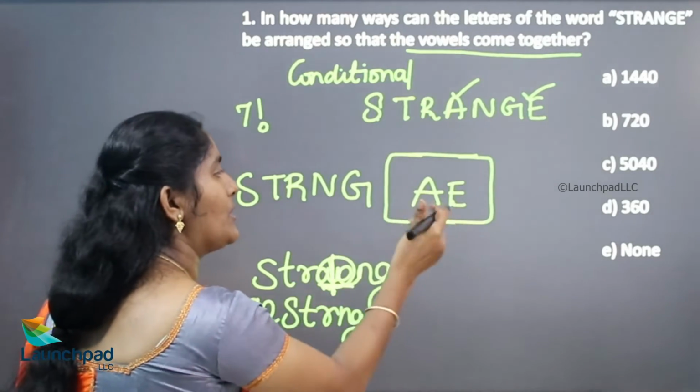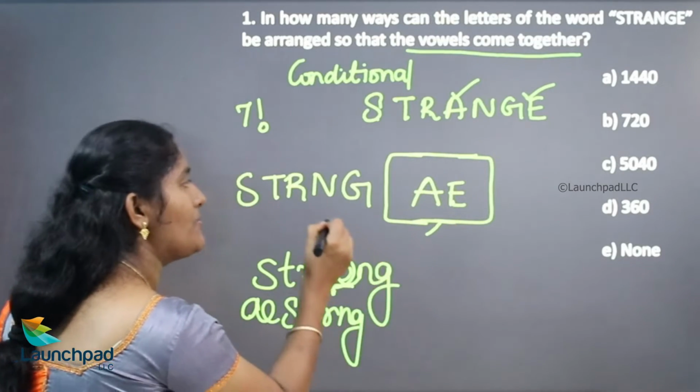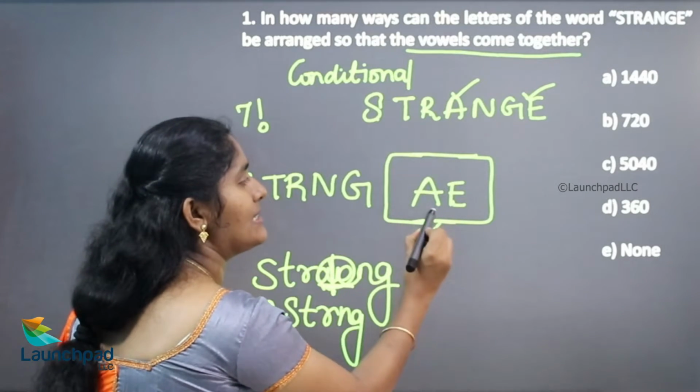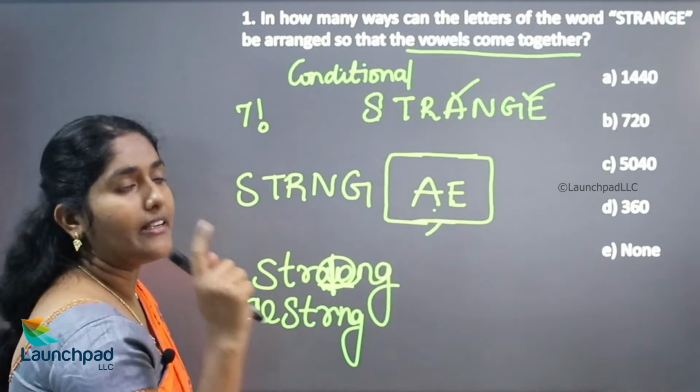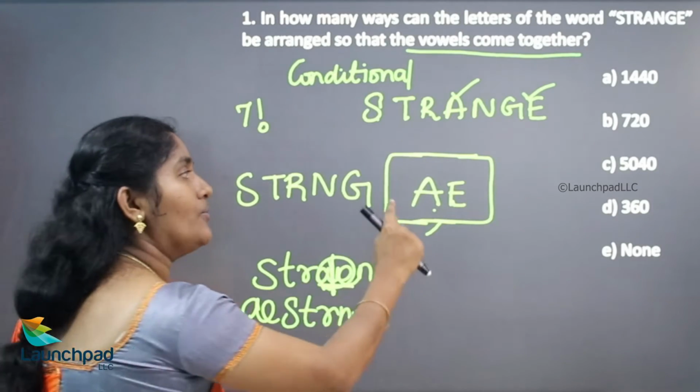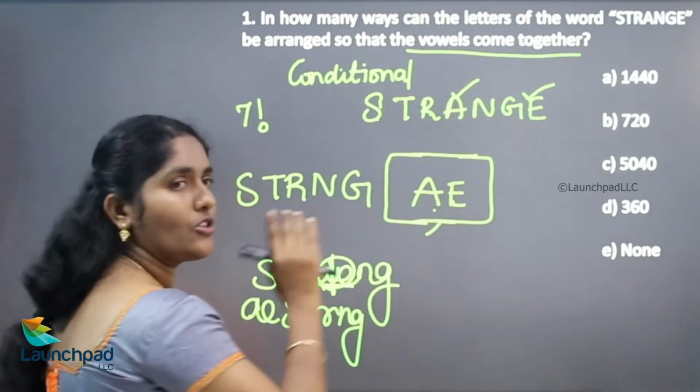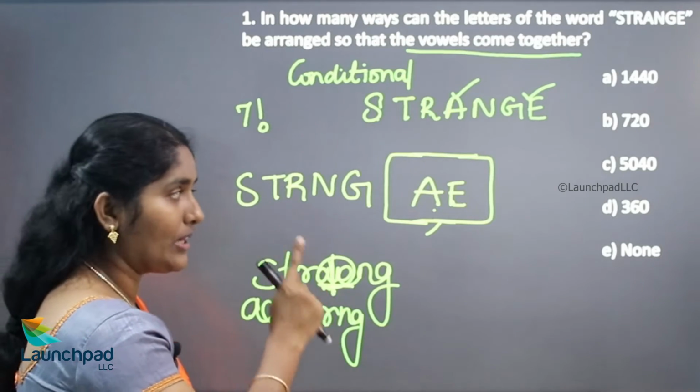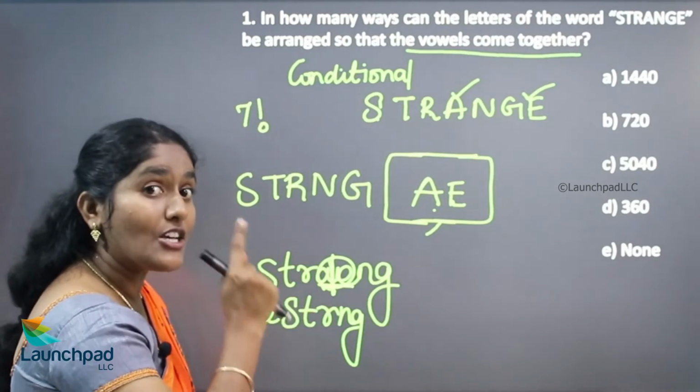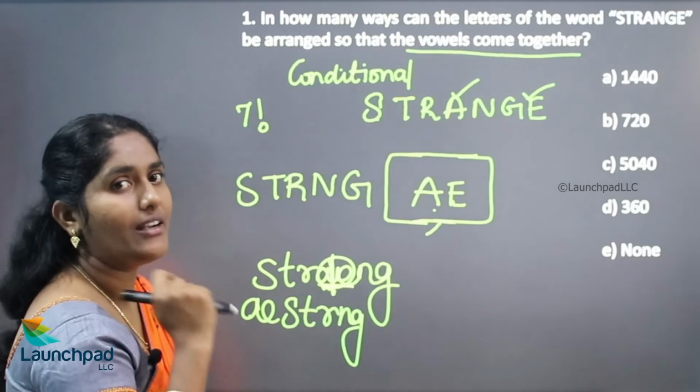Whenever I move, the entire box will be moved. So I can consider this now as one letter. Don't worry about how many letters are inside the box. Just assume that all of it is one letter.